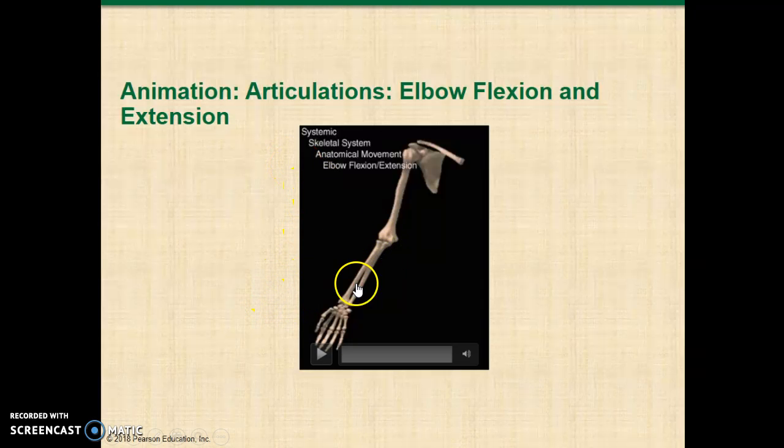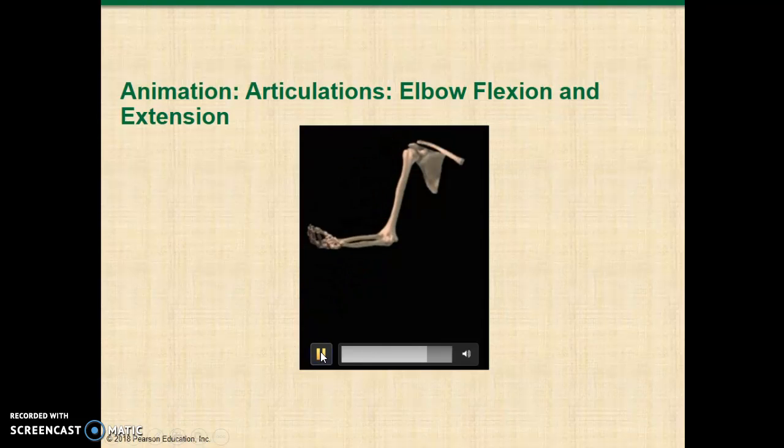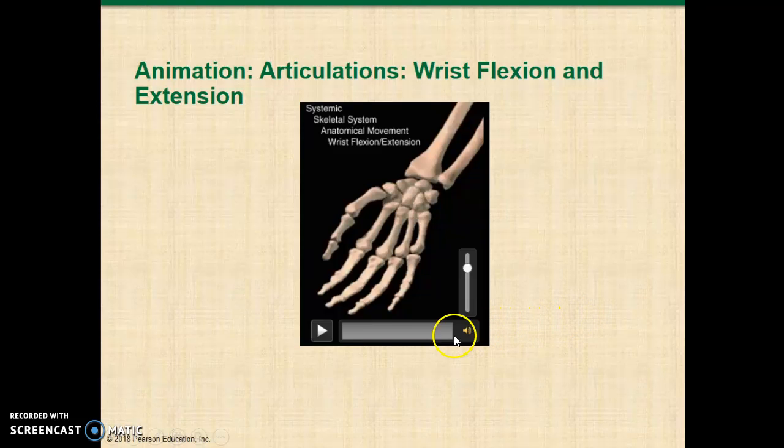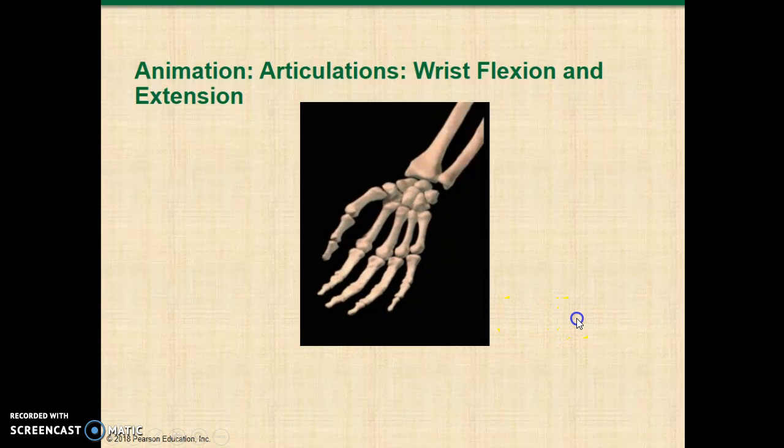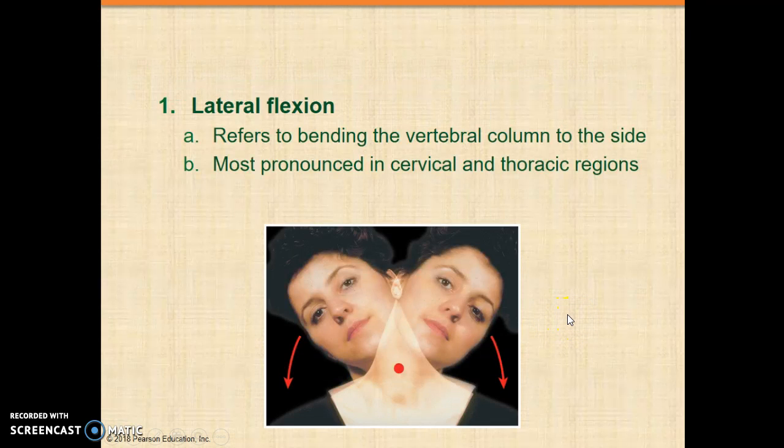And you can watch this animation. Flexion and extension. Wrist flexion and extension. Lateral flexion refers to bending the vertebral column to the side.